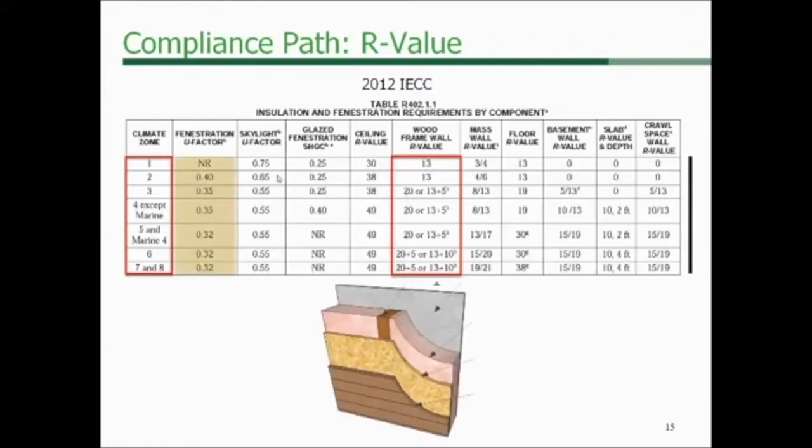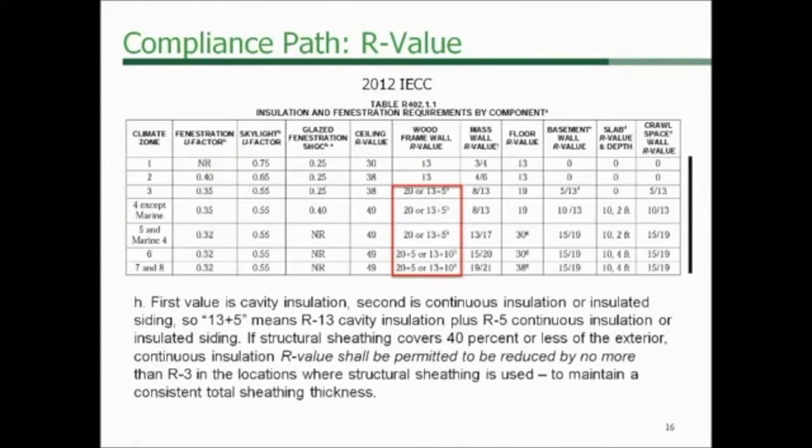You'll also notice that the fenestrations are labeled in U factors because they're assemblies, and that there's no requirement in climate zone 1. Also, in the R value tables, there's this famous footnote H. This is the 2012 IECC, and footnote H is literally what's on the screen right there, but there are two parts to footnote H. The first one describes what it means if it says something like 13 plus 5 or 20 plus 5 or 13 plus 10.